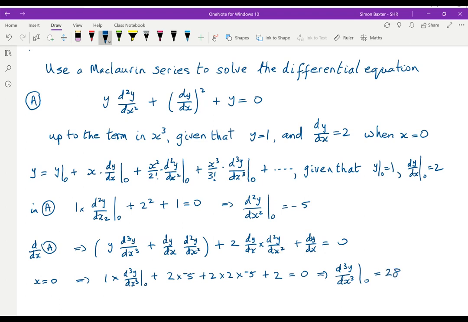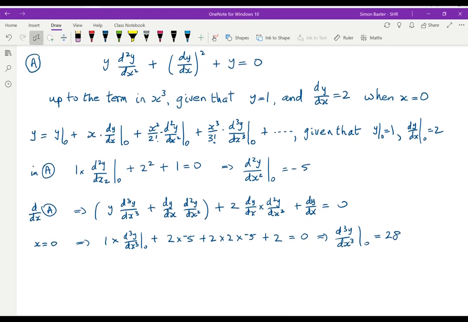So all we have to do now is to put the different values in this expression here. Move up a little bit just to give myself a bit more room. Therefore, y is y when x is 0, which is 1, plus x times dy by dx, that's 2, plus x squared over 2 factorial, d2y by dx squared is minus 5, plus x cubed over 3 factorial, d3y by dx cubed when x is 0 is 28.